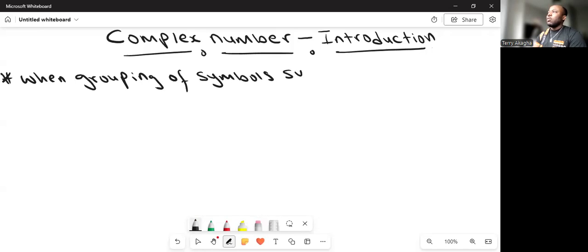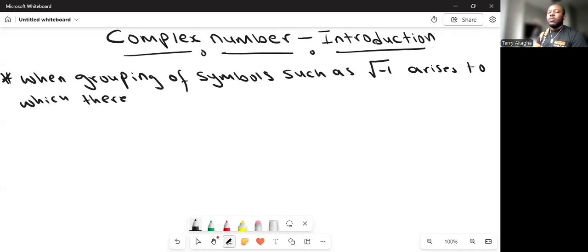So the first thing is that when grouping symbols, something like square root of -1 arises, to which there is no corresponding quantity.